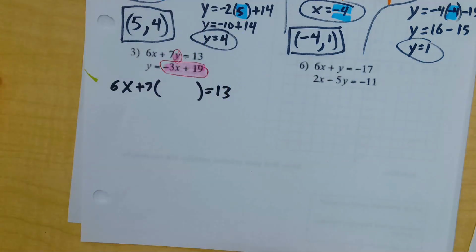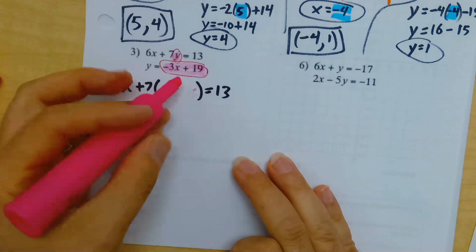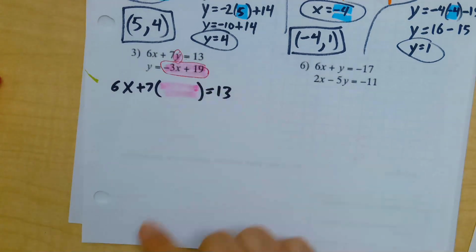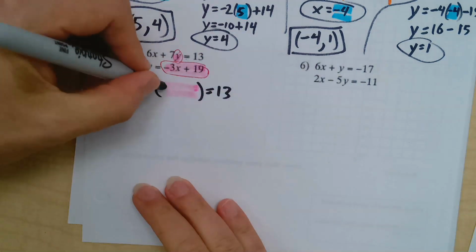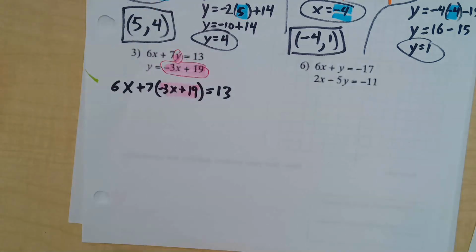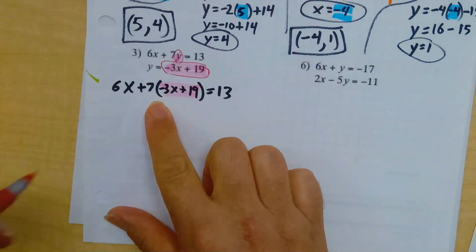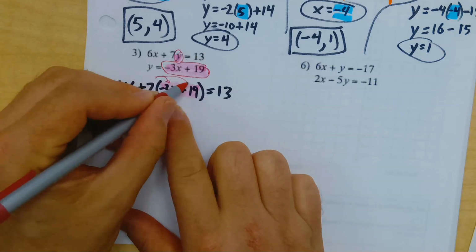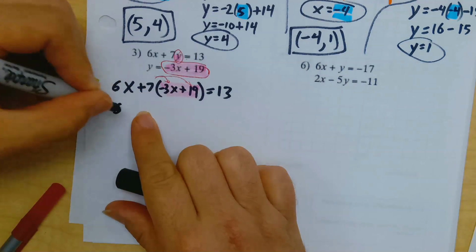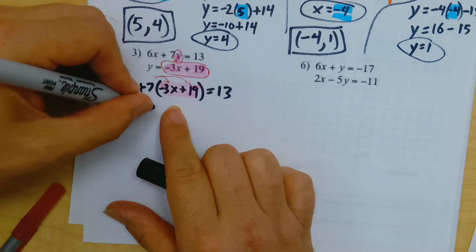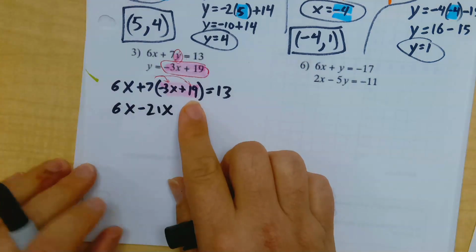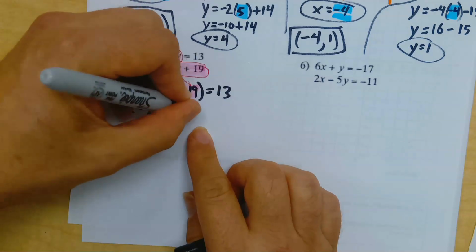Okay, what is the pink stuff, you may ask? Negative 3x plus 19. Okay, so now we do distributive property, and I get 6x minus 21x, and then 7 times 19 is 133.